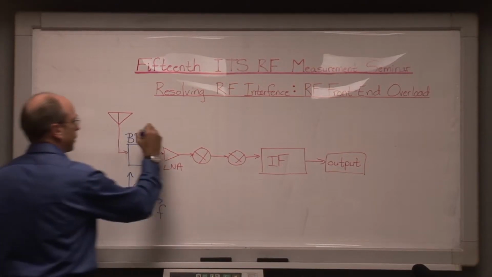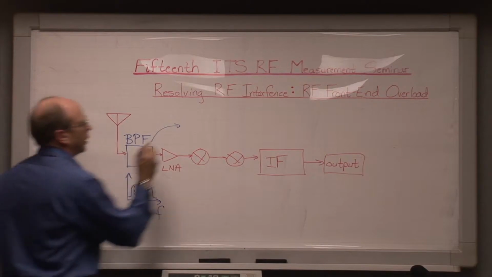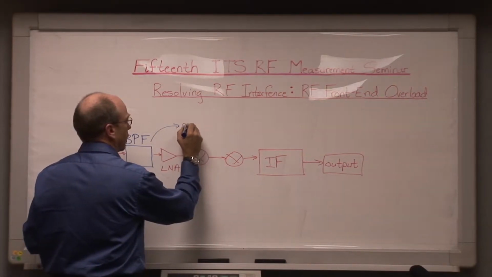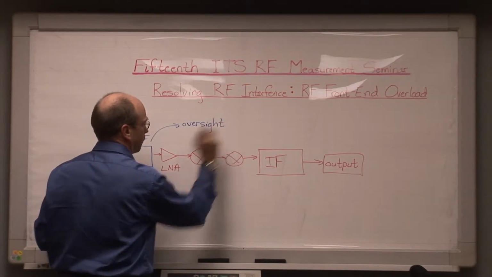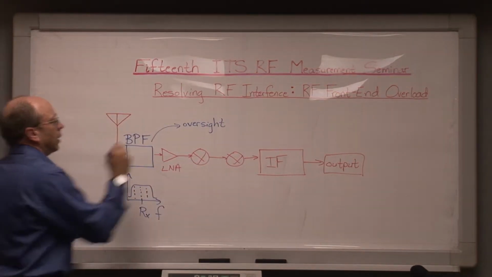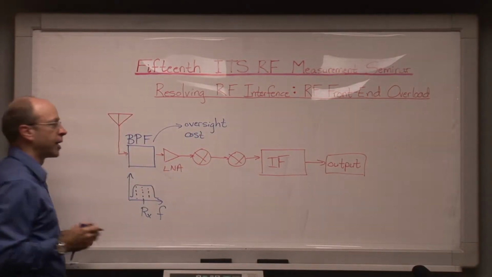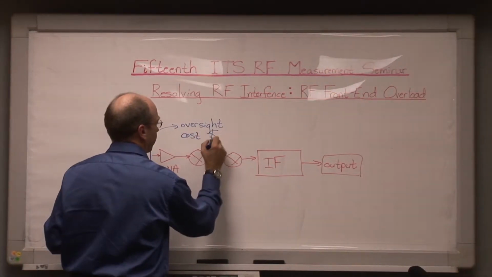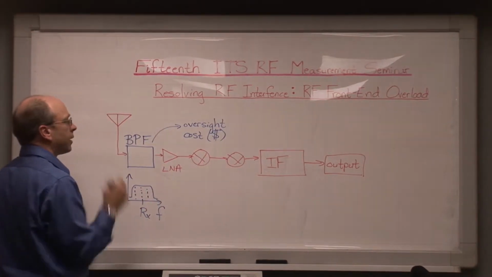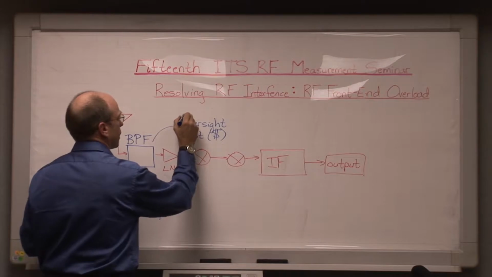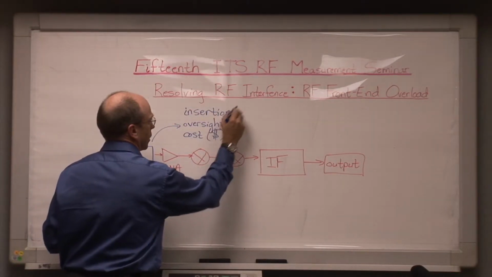Problems with bandpass filters that cause people to sometimes not include them in an RF receiver design are oversight or lack of oversight, that is to say they basically neglect it, or cost. A bandpass filter, or any filter at a front end, does have some kind of financial cost typically associated with it. And a third reason, and this is more of an engineering reason, is insertion loss.